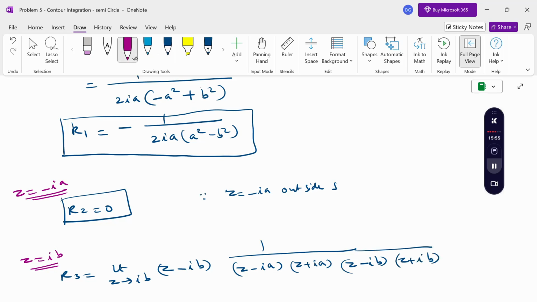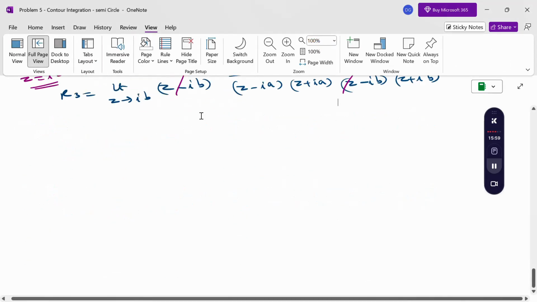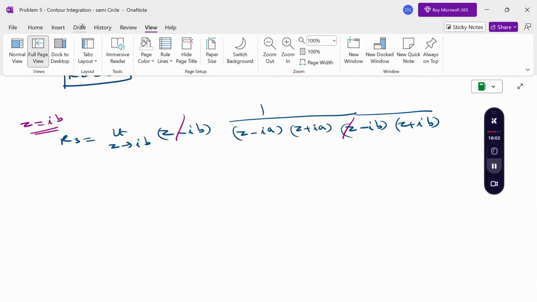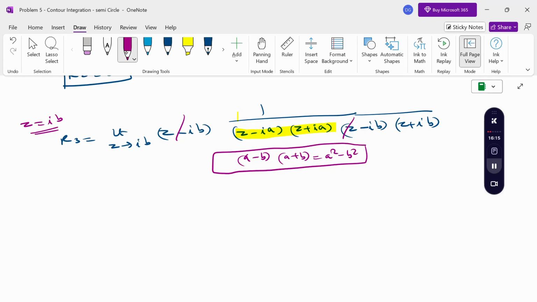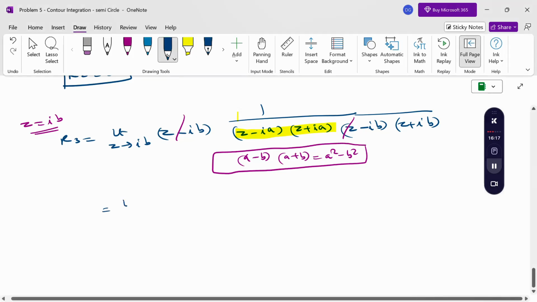To cancel this two term, therefore here in this term, a minus b, a plus b is a square minus b square. Therefore limit z tends to ib of 1 by (z square minus ia whole square).